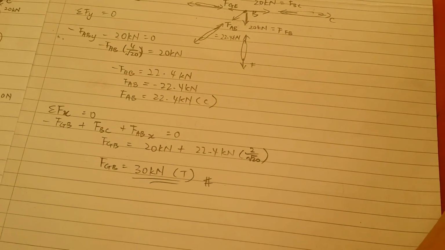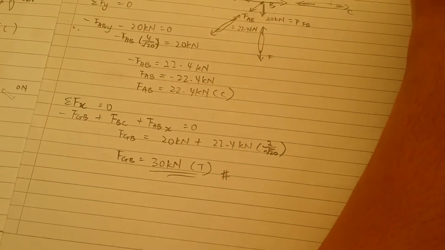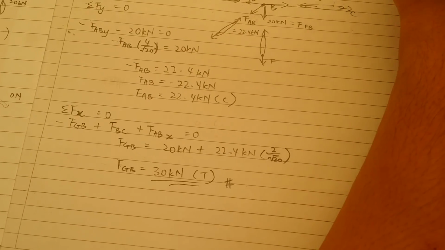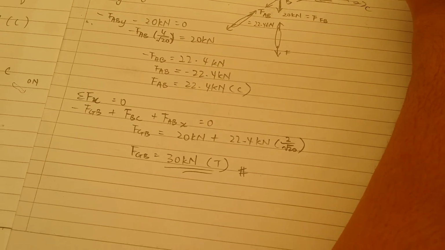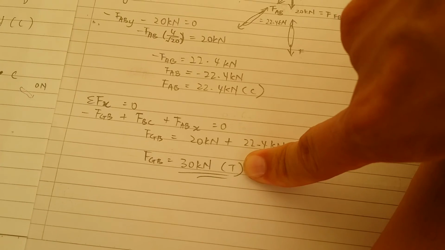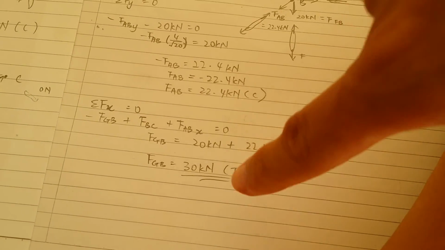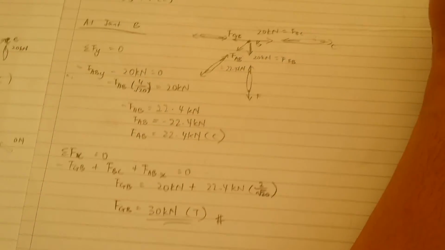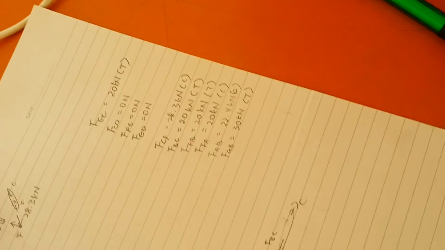The very last one, FGB is equal to 30 kilonewton tension. So this is our final answer.